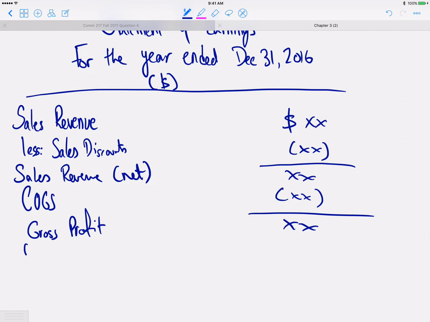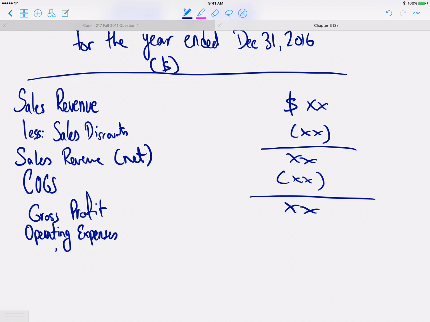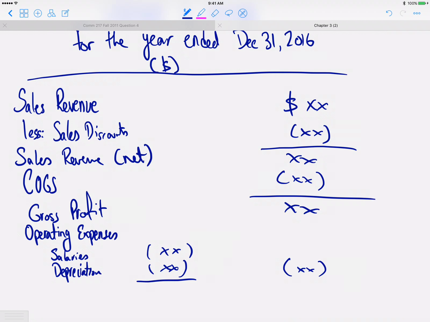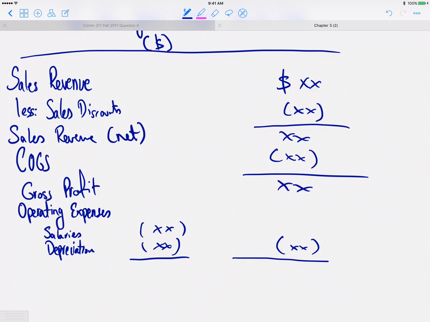We would then put our operating expenses. And so this could be stuff like salaries, depreciation, etc. So we're going to put those amounts here. We're going to subtotal them. And we're going to put our total operating expenses on this side.